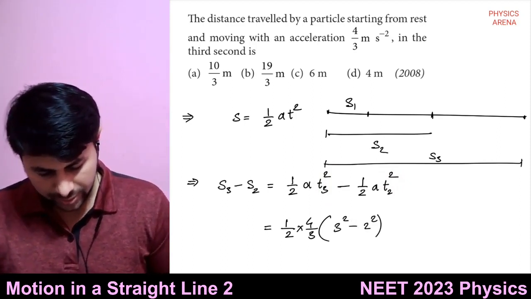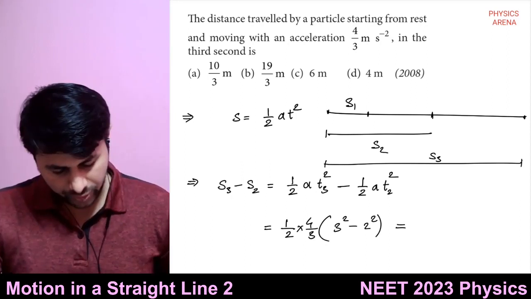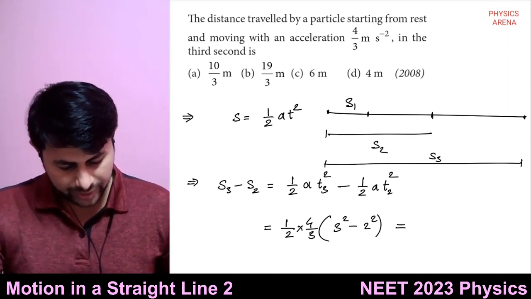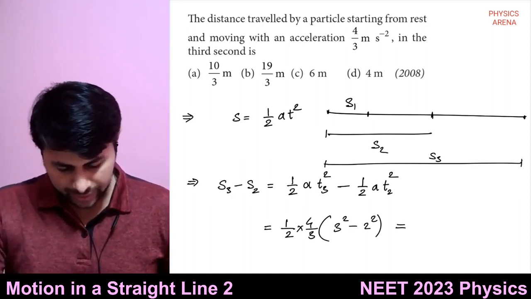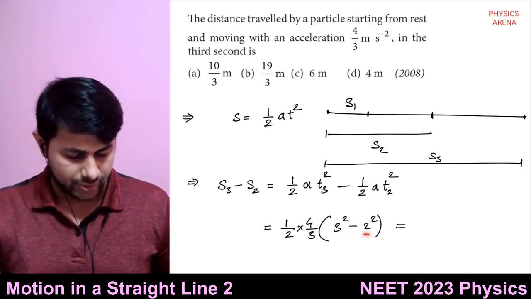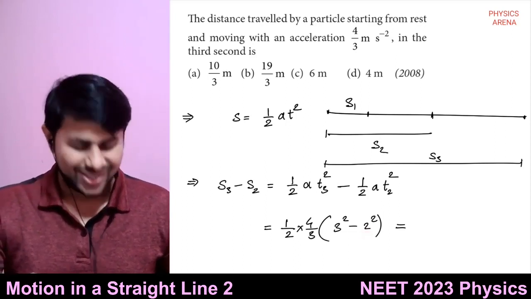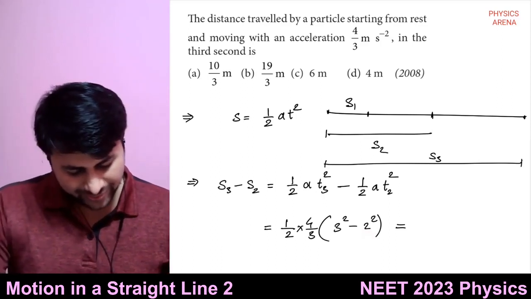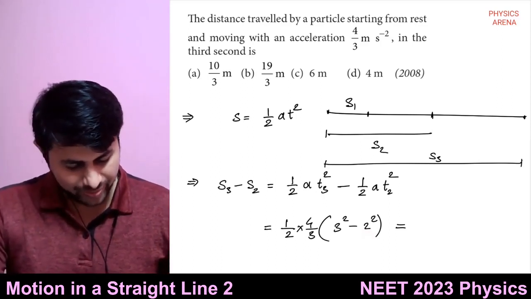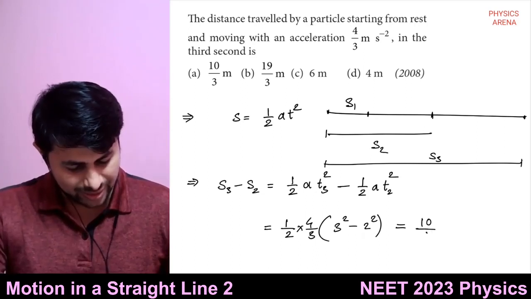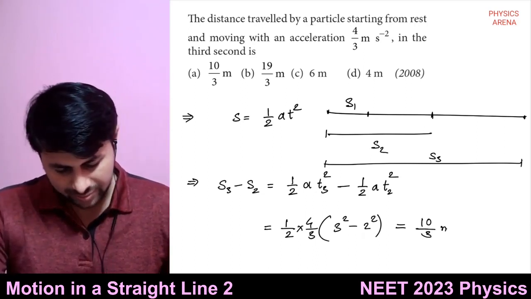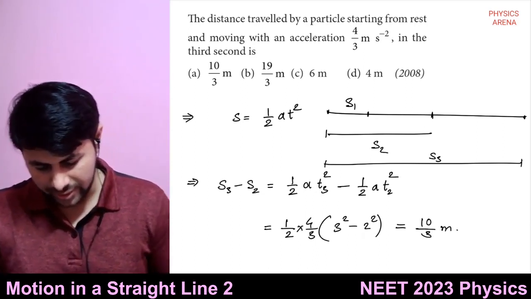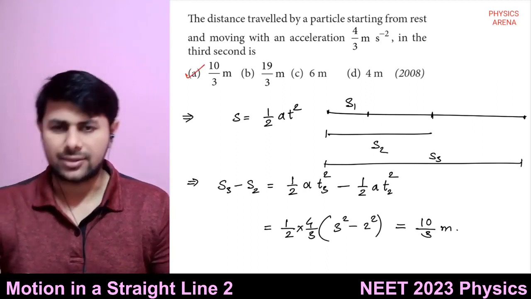So 4 by 2 is 2, 2 by 3 multiplied by 9 minus 4, which gives 5. So 5 multiplied by 2 by 3 is 10 by 3. So 10 by 3 meters is the answer. Yes, option A is the answer. Simple.